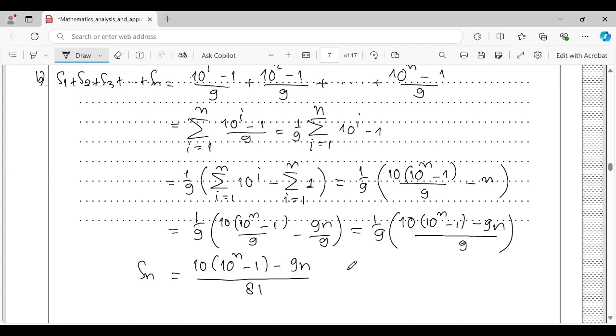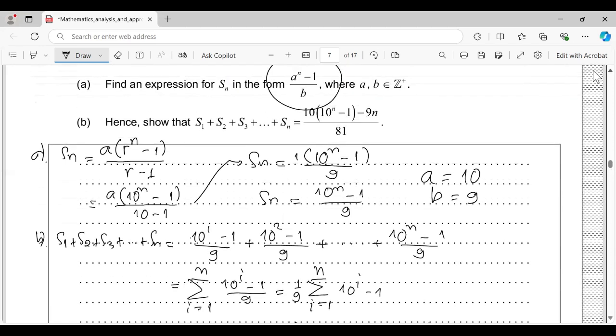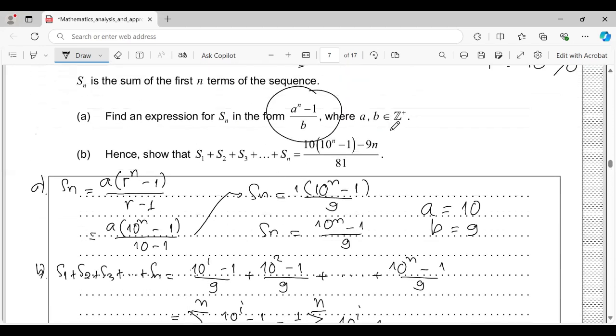So Sn equals 10 times 10 to the power n minus 1 minus 9n over 81, like this statement.